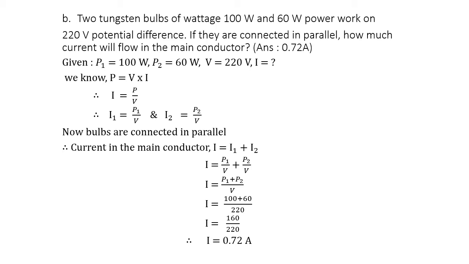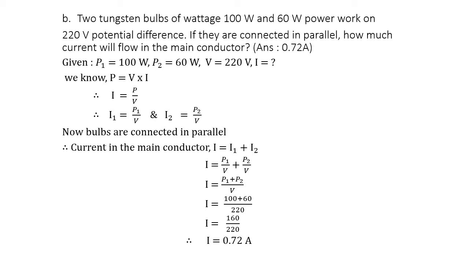Okay. So now, as I told you, the bulbs are connected in parallel. Therefore, the resultant current will be the sum of the two currents. As I told already, when you have a series, just revise your 9th standard portion. If it is a series, then the current flowing will be the same and the potential difference is different. Therefore, V equals V1 plus V2.